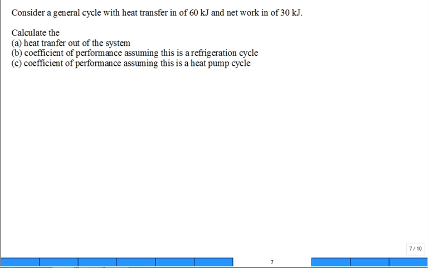These are just little problems. Consider a general cycle with heat transfer in of 60 kilojoules, net work in of 30 kilojoules. So when it's coming in, that's either a heat pump or refrigeration. Okay, so if it's heat coming in of 60, that must be coming from the Q low.